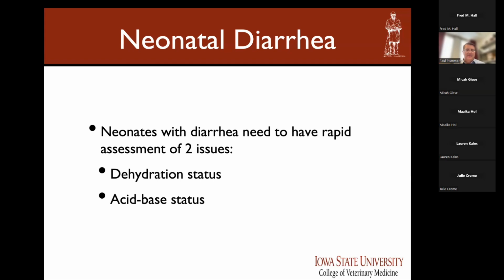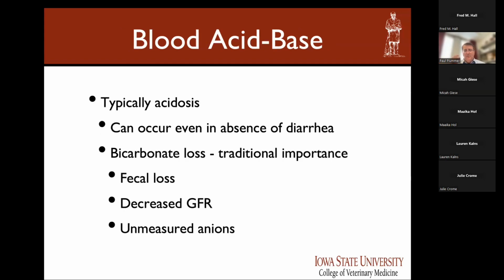So when we talk about this acid-base status, we really are talking about the pH of the blood. And in normal, healthy animals, that pH is held in a very tight range, about 7.4 for most mammals.